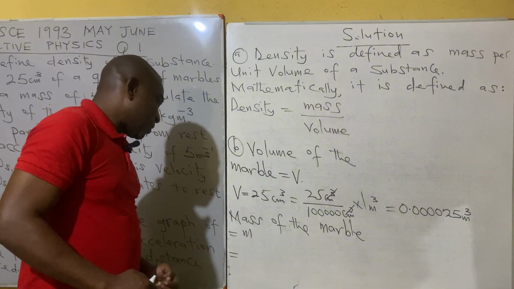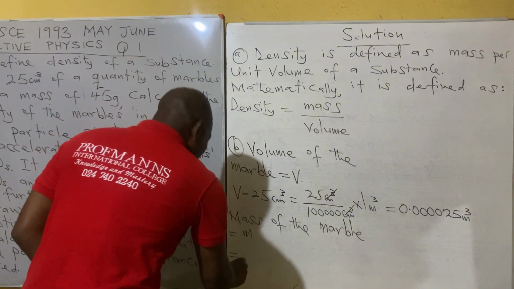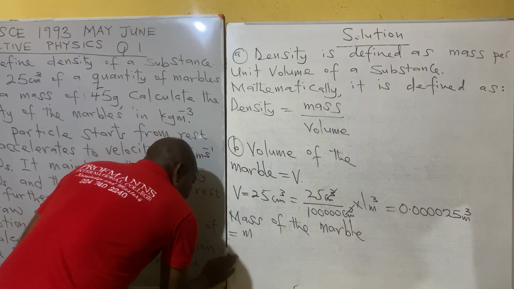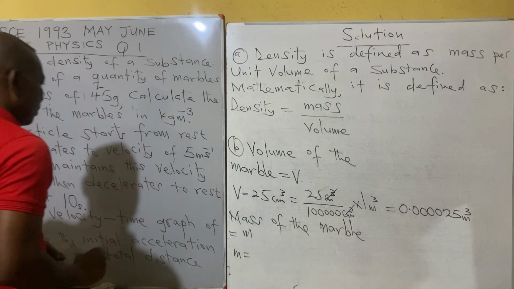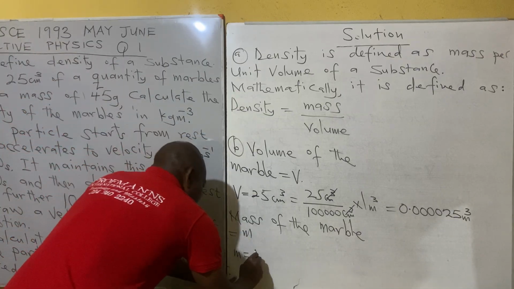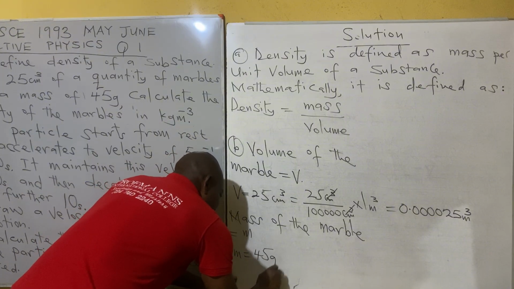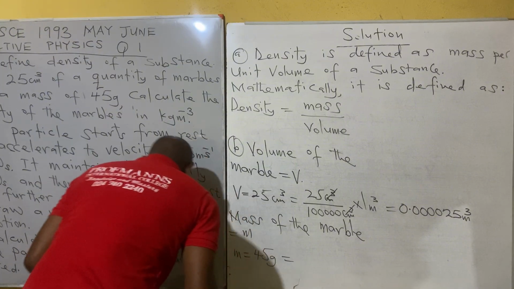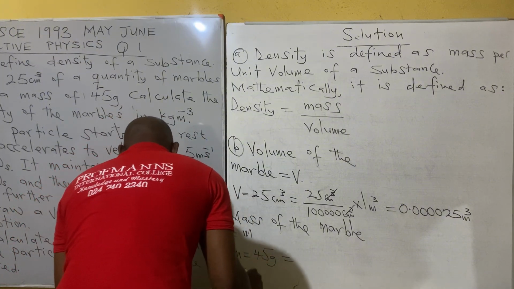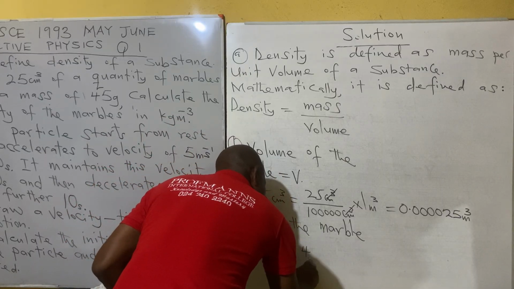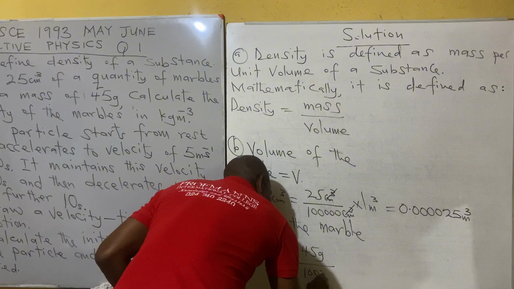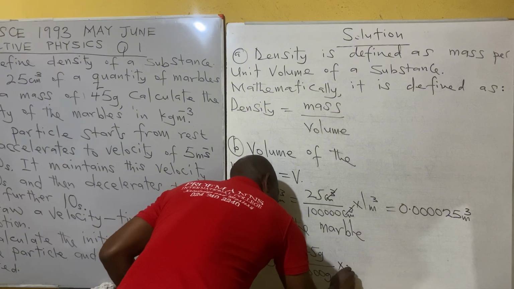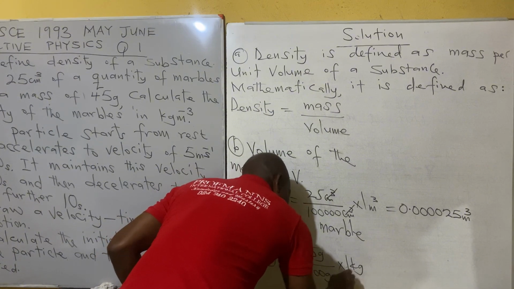Mass and convert. So the mass of the marble is equal to M. So M here is equal to 45 grams. So it's going to be 45 grams over 1,000 grams times 1 kilogram.